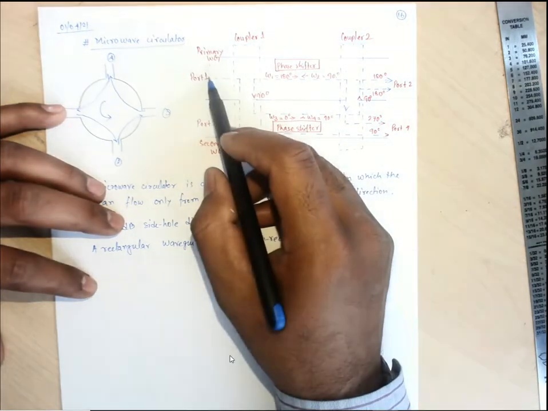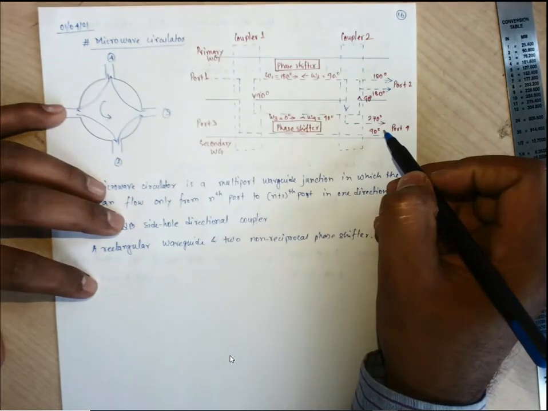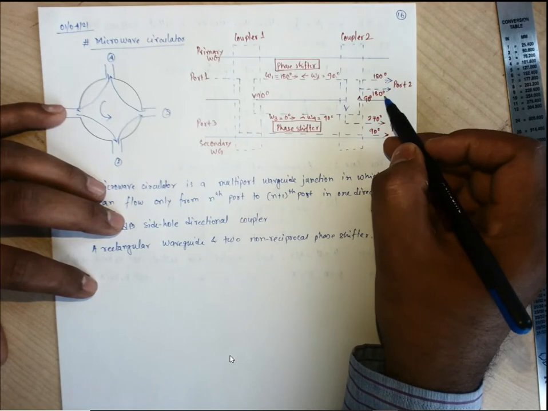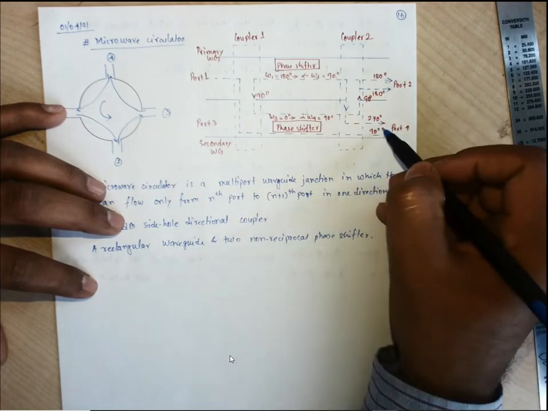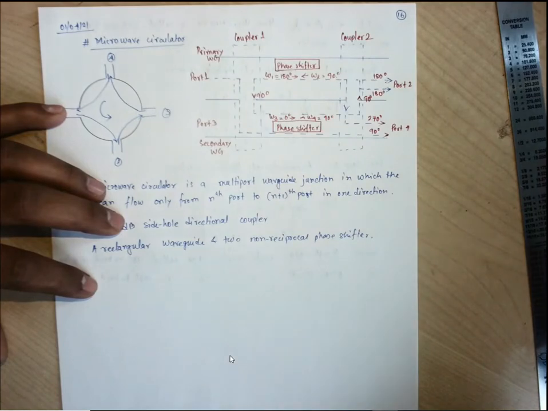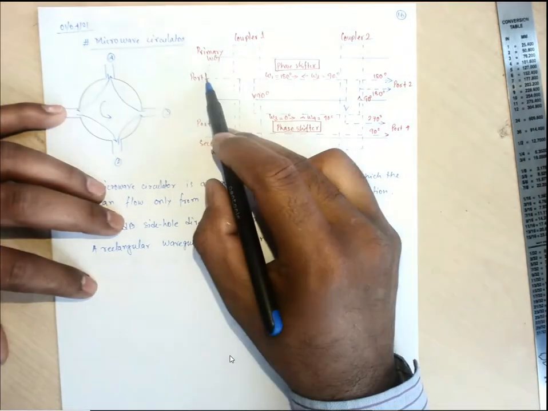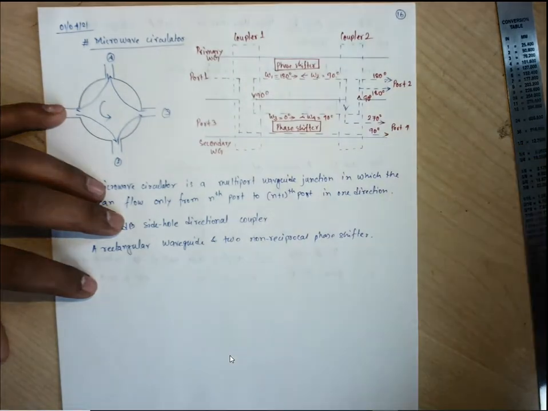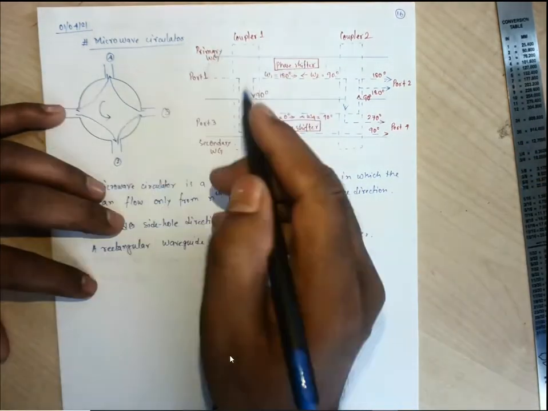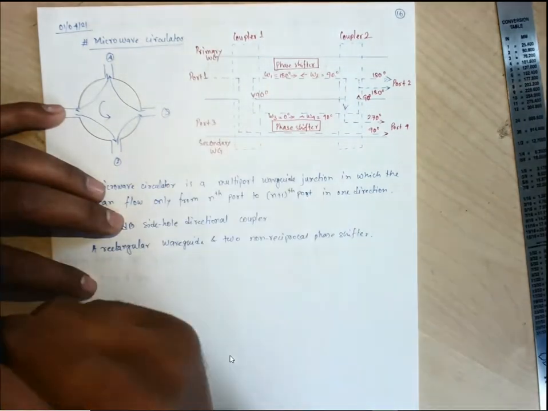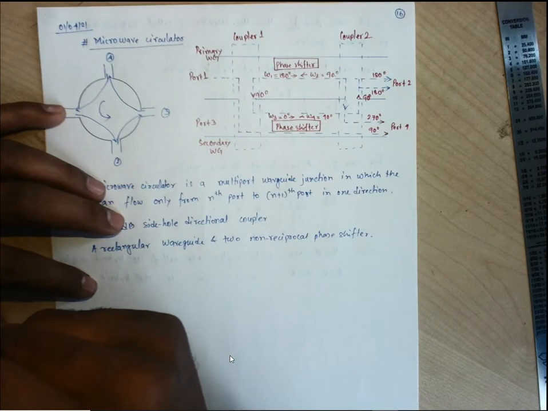So from input to output comparison, 180 degree phase shift. Here the phase shift is completely 0 comparing these two signals, but here the phase shift is 180 degree. So two signals will cancel each other. So the input from port 1 is only available at port 2, nothing at port 4. We didn't have anything in port 3 because it is the isolated port.